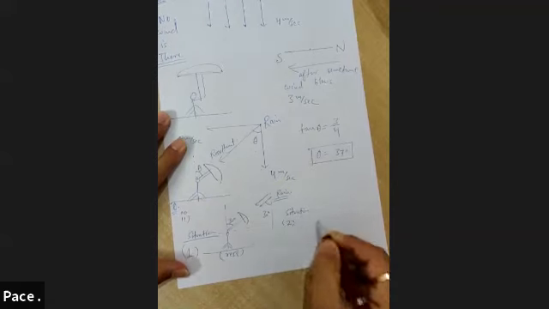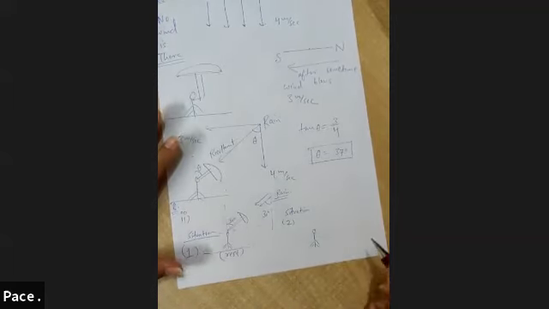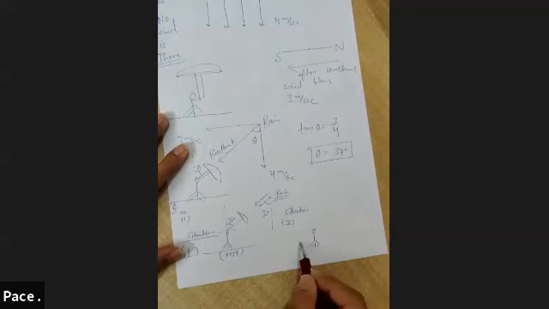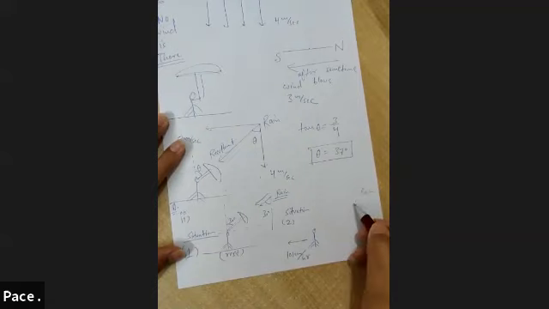Situation two is when he starts running with 10 kilometer per hour. Okay, this one is rain. Rain will have the same thing. It would be in this direction at 30 degree.